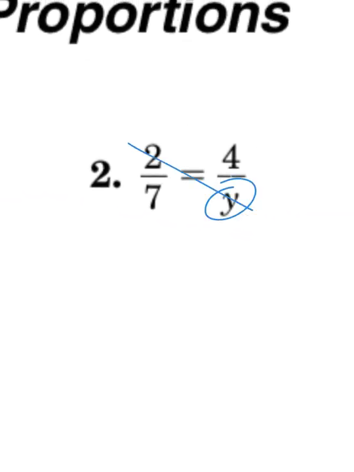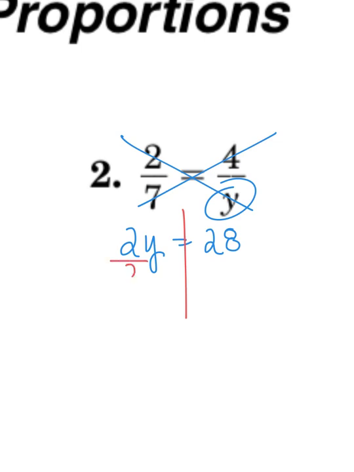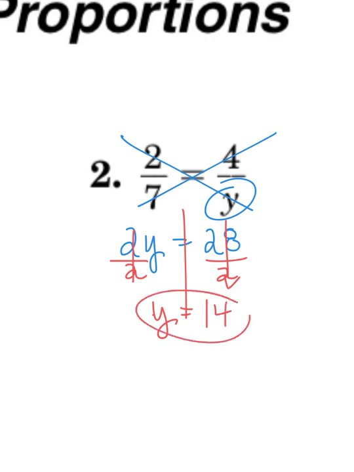Here's my variable, so I'm going to multiply that. 2y equals 7 times 4, which is 28. Okay, here's my equation. Divide by 2, 1y equals 28 divided by 2 is 14.